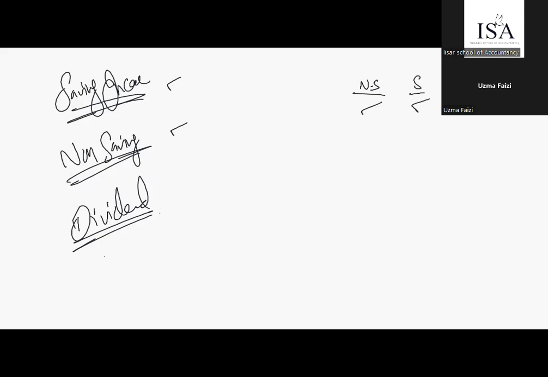Now dividend. In dividend, we have four bands. The first band is called nil rate band. Second one is the same, basic, then higher and additional.